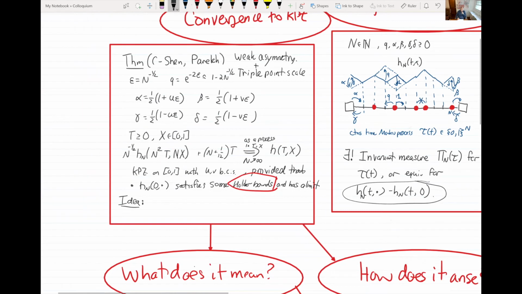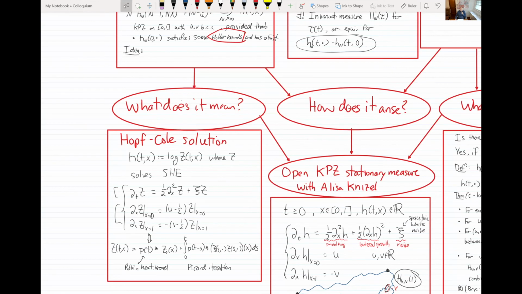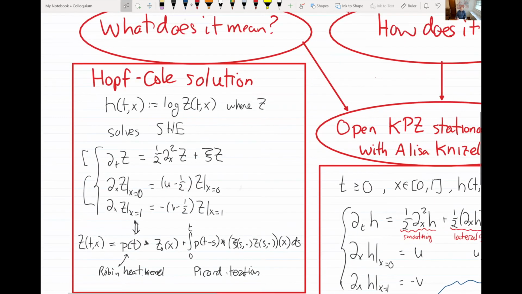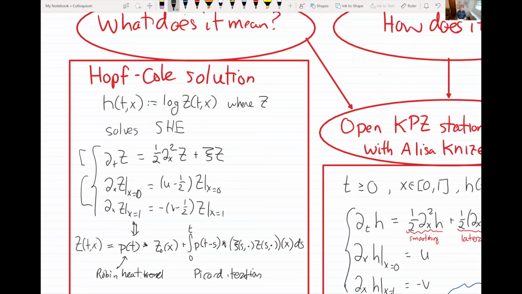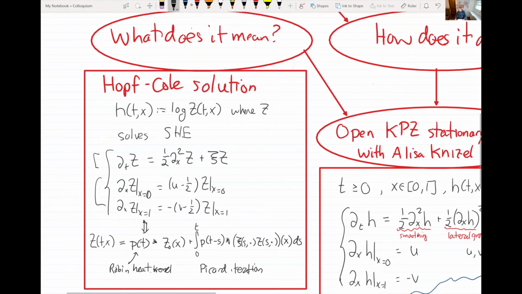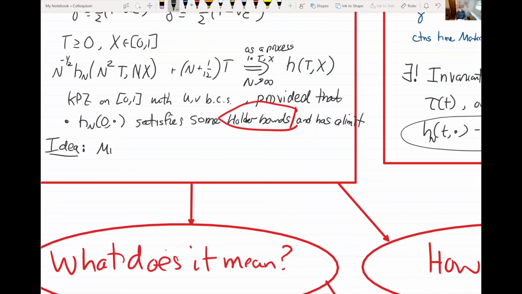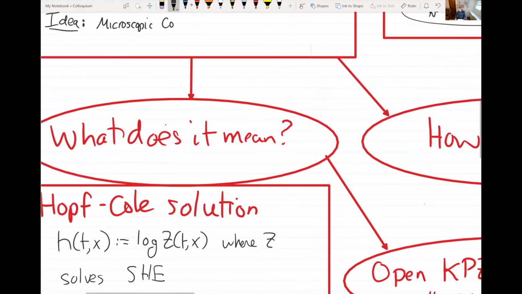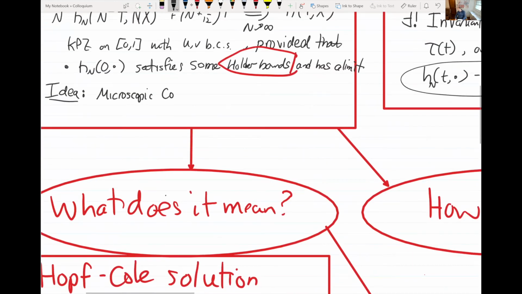Well, you go through the definition. The definition, and this is a little bit of a trick, and it works well for this ASEP. The definition of KPZ was through this exponential transform, which solved a stochastic heat equation. And so what I'm going to do for KPZ is I actually take a microscopic version, Hopf-Cole transform, I always reverse them around. So you look at q to the height function at time t in position x.